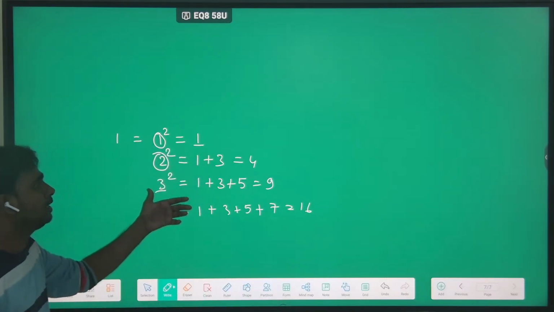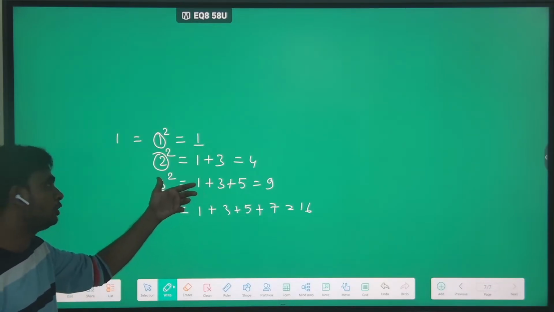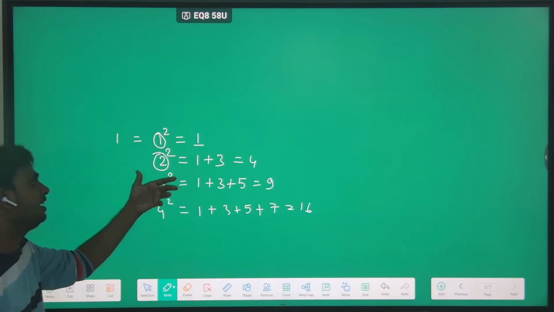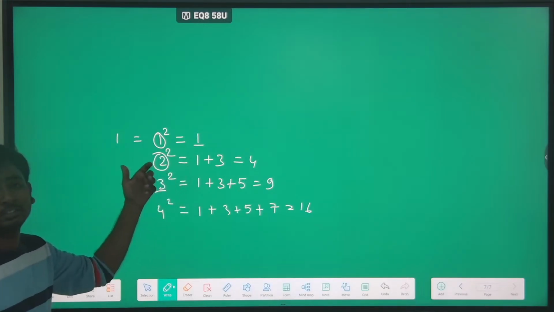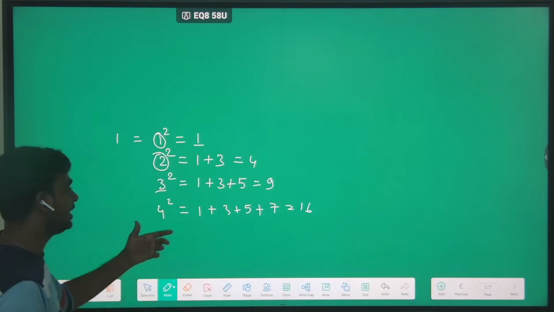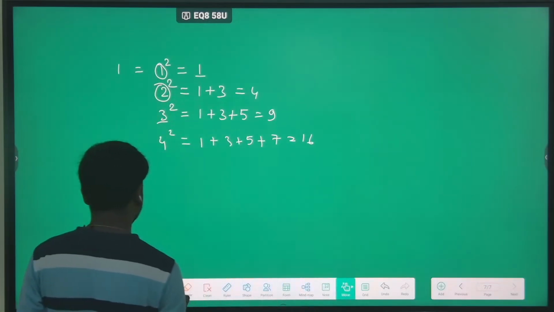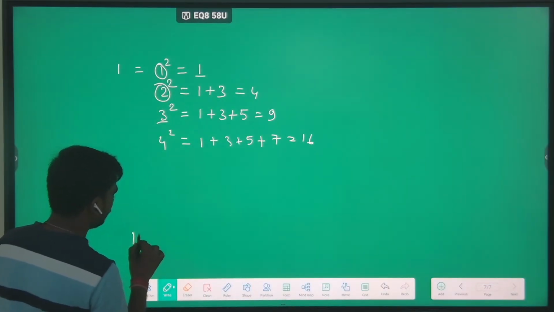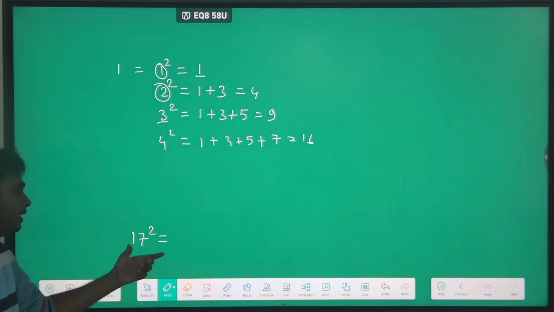Okay. So this is a basic thing. It is given in your book. You first go through the book. You will find it very clear that we can represent any square number in the form of the sum of odd natural numbers. Okay. If you are given a fill in the blank, let us suppose you are asked to find the square of 17, how will you find it?